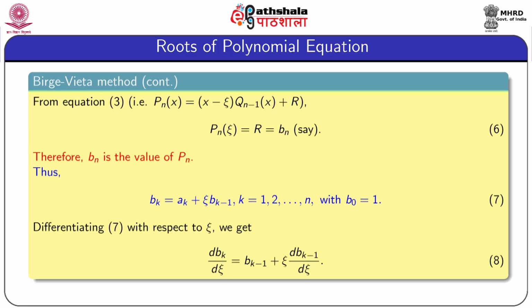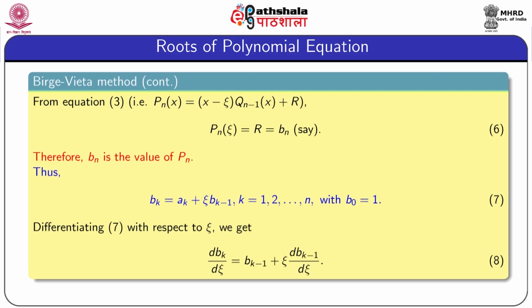Now, for simplicity, we differentiate equation 7 with respect to xi. Therefore, we obtain dbk/dxi equal to b_{k-1} plus xi times db_{k-1}/dxi. Note that ak is a constant term because ak is given with the given polynomial Pn(x), so the derivative of ak with respect to xi is 0.